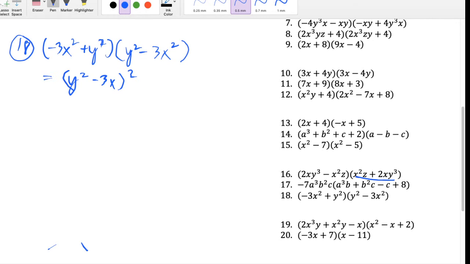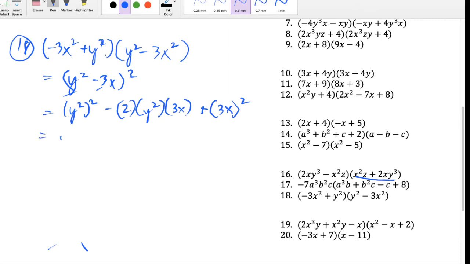Ito, pwede mong i-rearrange. Okay, so if we have this, ang meron tayo would be a perfect square trinomial. A squared minus, kasi opposite yung side nila, 2ab plus b squared. Ganong form. So, y squared raised to 2 minus 2 times y squared times 3x, okay, plus 3x squared.